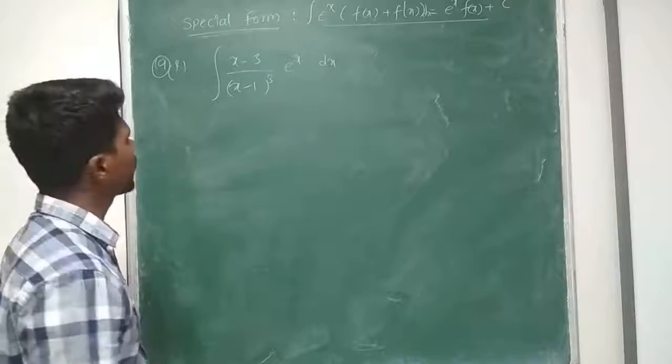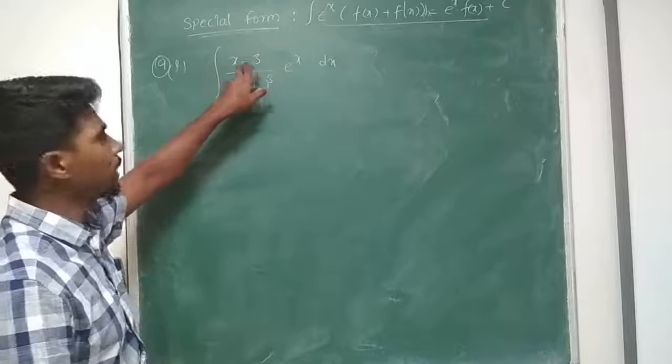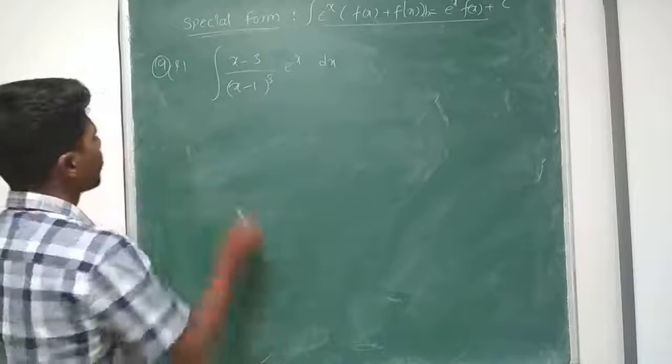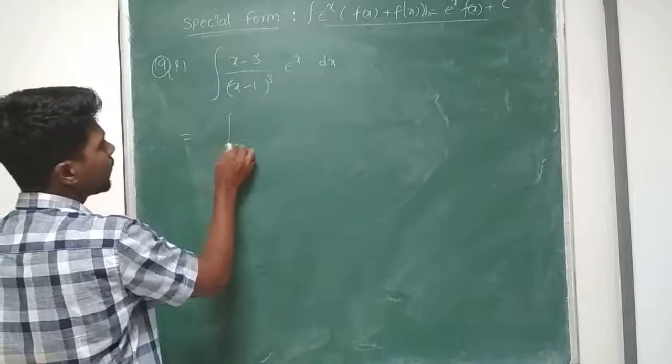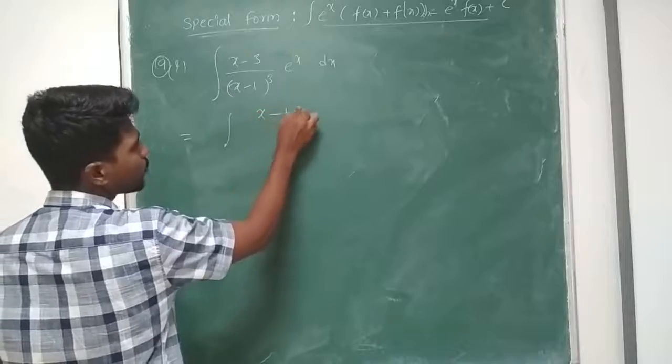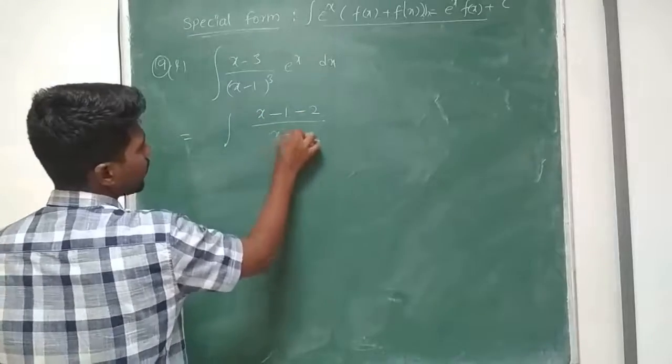So in this case what I can do, I can split this minus 3 as minus 1 minus 2. So if I write this one, I get integral x minus 1 minus 2 by x minus 1 the whole cube dx.